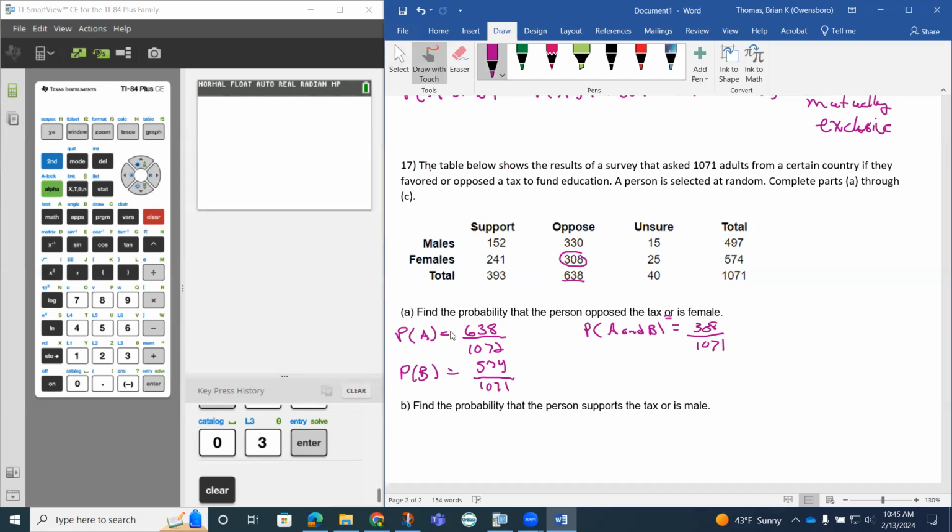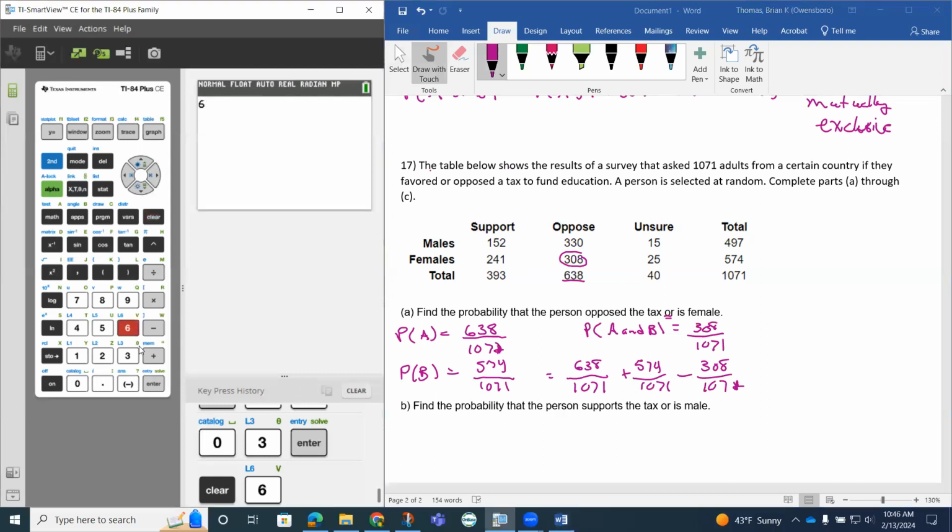So we have to remove that from the problem. What we come up with is 638 over 1,071, and we add the 574 over 1,071, but then we remove the 308 over the 1,071. Since these are common denominators, we can focus on the numerator.